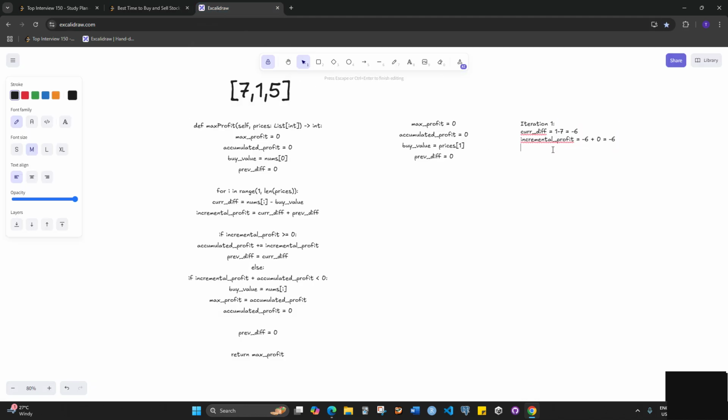Now in iteration 2, we do diff is equal to 5 minus 1, which equals 4. Should equal to just 4.